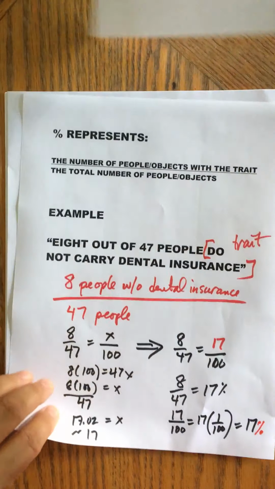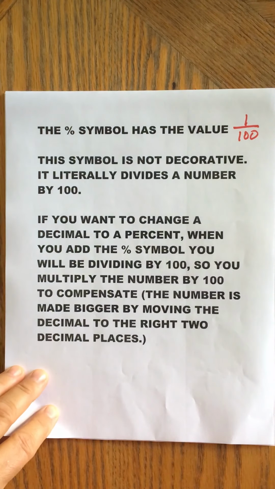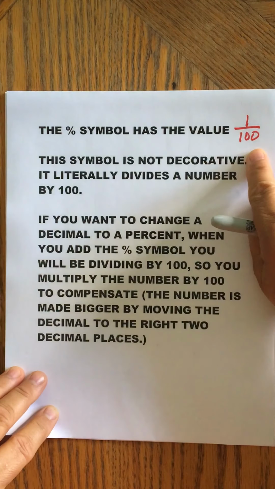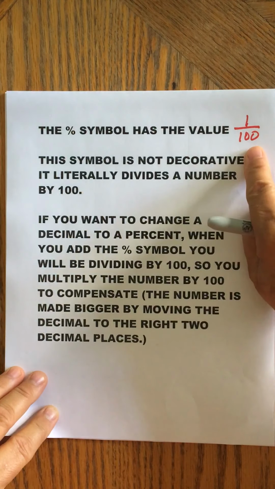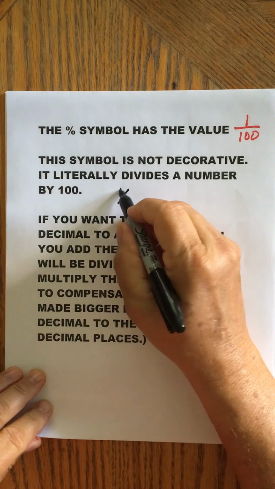Now let's take a look at how to work with percents in case you forgot. Since you now know the percent symbol is literally equal to 1 over 100, this is what's true.